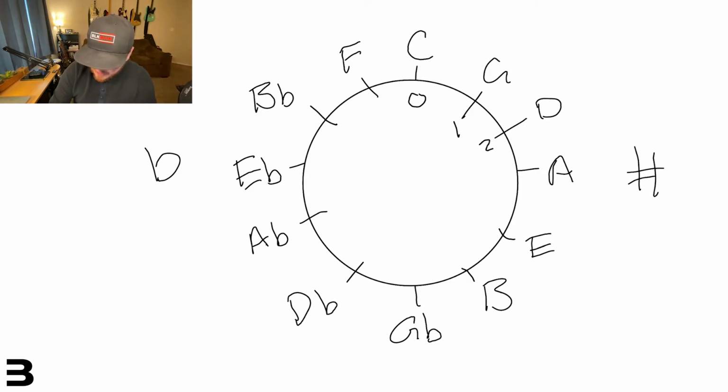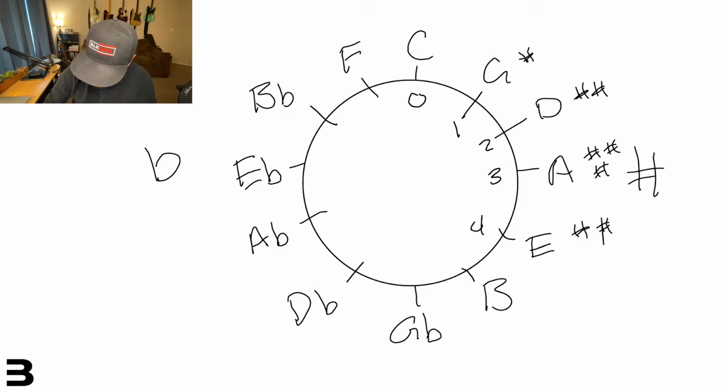I think you can see where I'm going with this. A has 3, E has 4, and then B has 5.